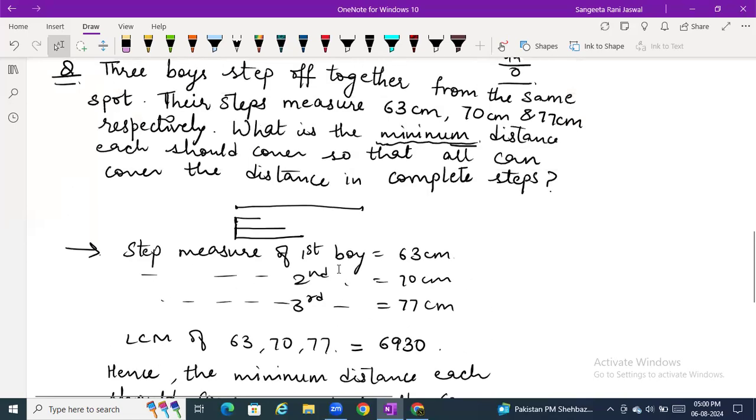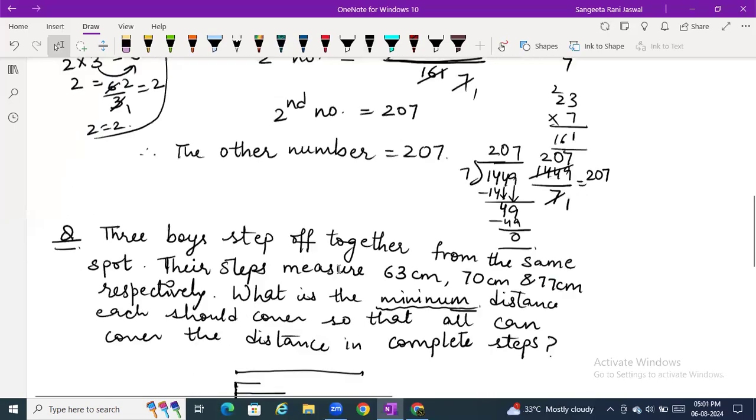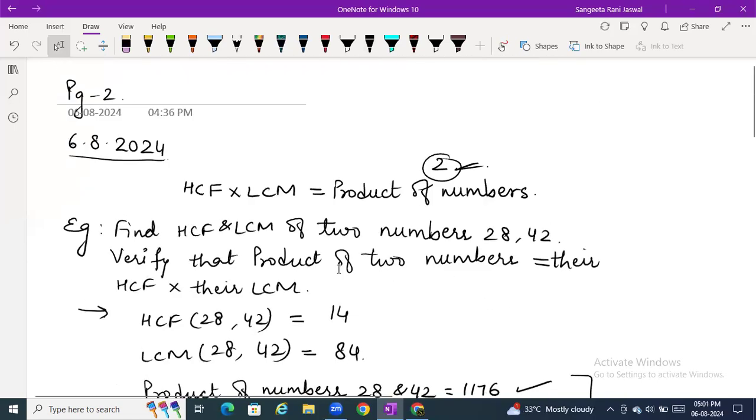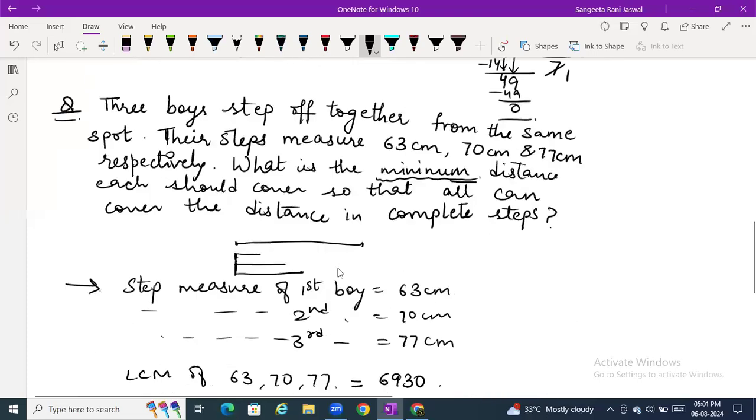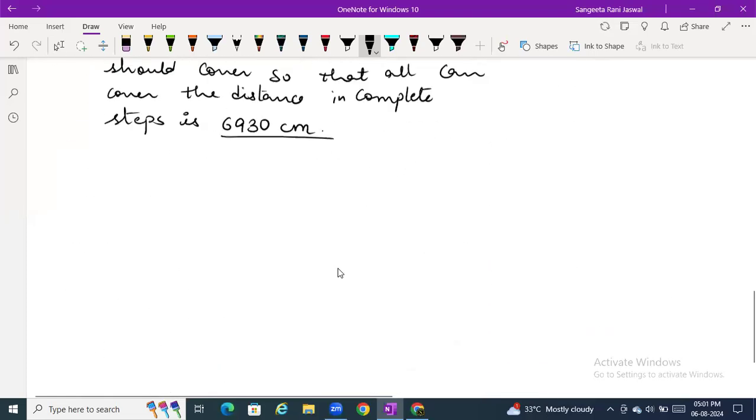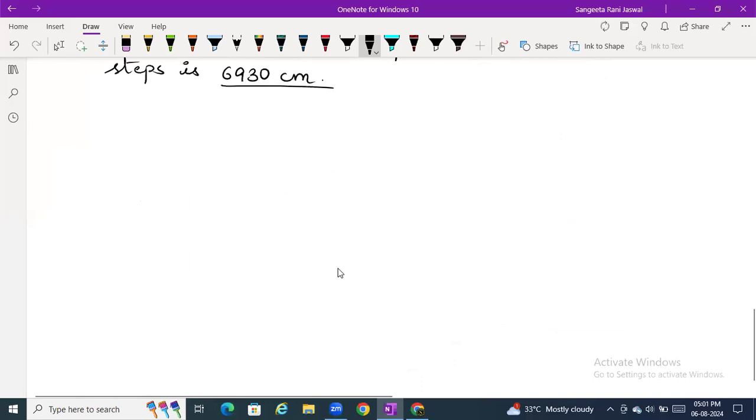Okay, let's take another question. We are not putting the question number. This was example 1, then example 2, then we have 3. Okay, and now we have question number 4. Let's take a small question.